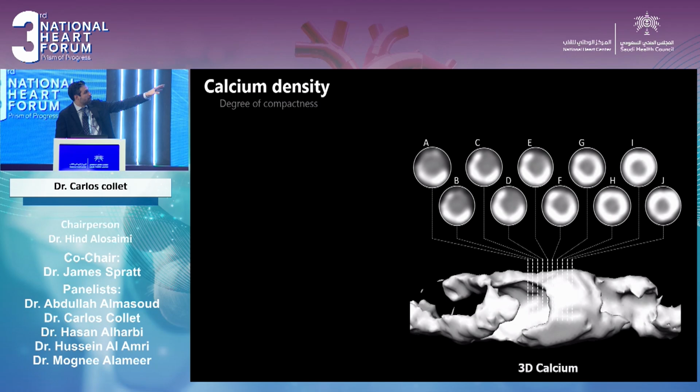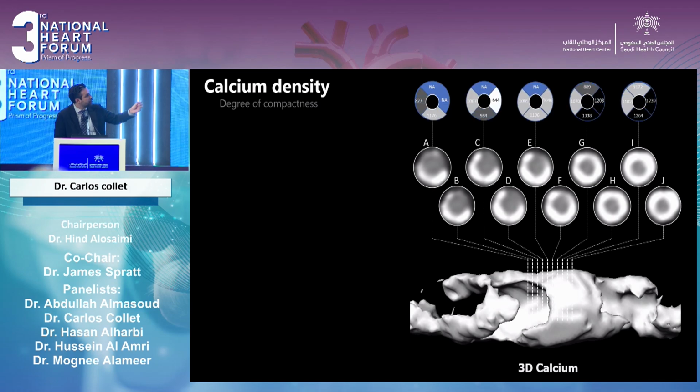This calcium can be further stratified by looking not only at the arc of calcium, but from this arc we can extract the Hounsfield units of the calcium. The Hounsfield units are shown in the top part of that slide, and you will see that all those calcium deposits look the same, but they're not the same. There is hard calcium and there is soft calcium.